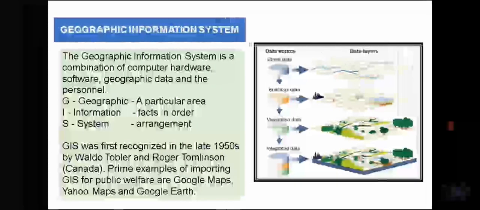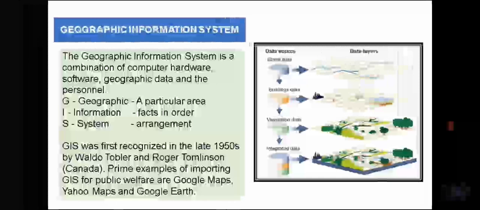Next topic: Geographic Information System, that is GIS. The Geographic Information System is a combination of computer hardware, software, geographical data, and personnel. G stands for geographic, that is a particular area. I stands for information, facts in order.